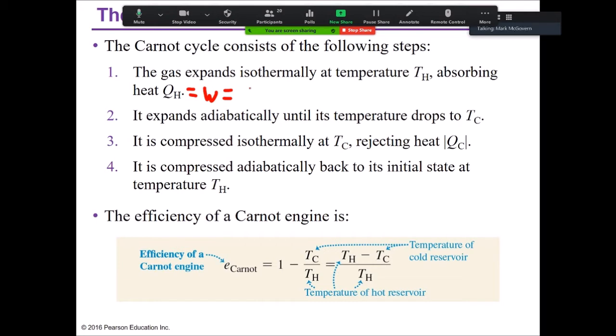For P, we substitute the ideal gas law, so it looks like nRT over V dV. And that just has us end up with nR. Now this T, I'm going to label TH. And then this is going to be the natural log of the final over the initial. So this is going to be like VB over VA, for example.